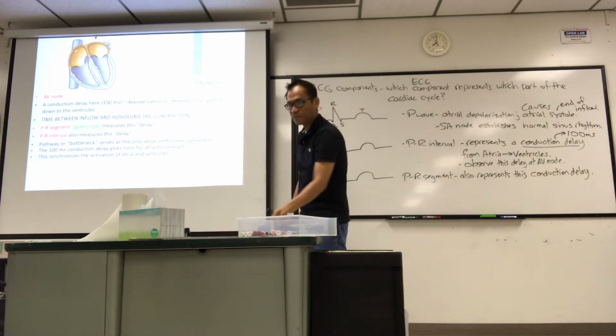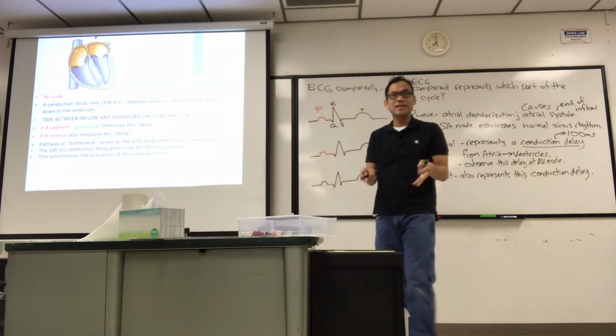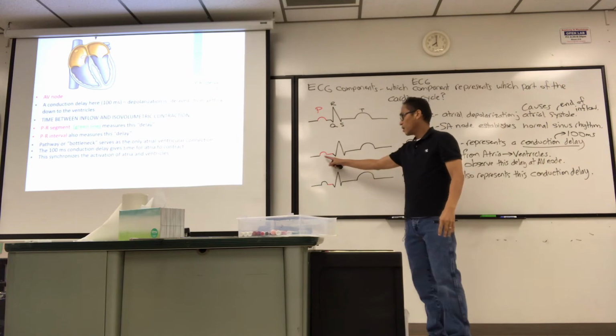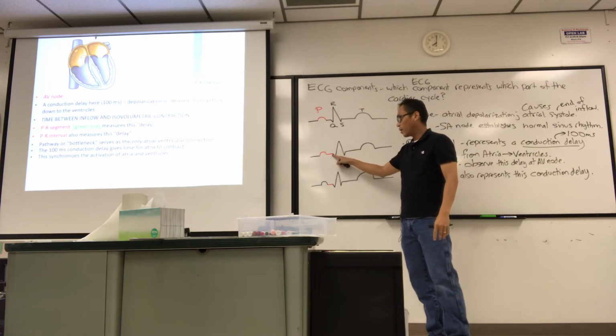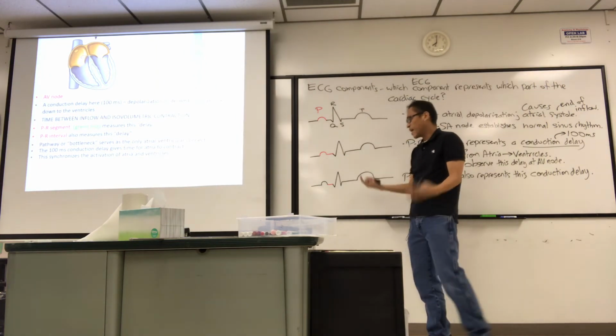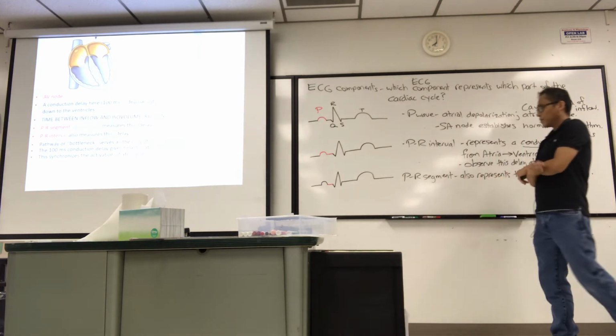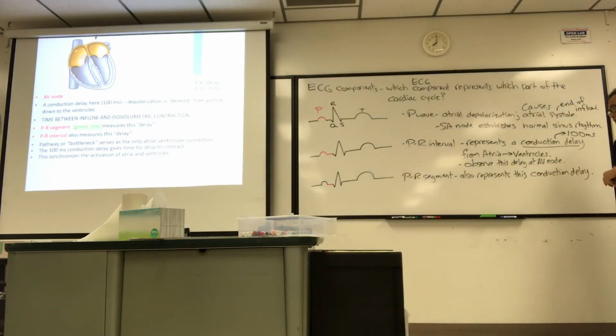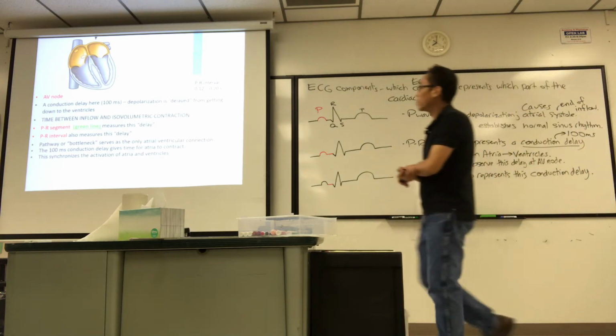That's why we say for students, if you want to measure the delay easily, it's easier to see the beginning of the P wave and go all the way up to the Q. That's the only reason why we tend to measure the PR interval instead of the PR segment. But they both represent that delay, that brief time before the signal gets down to the apex of the heart. So pretty much we've gone all the way up to the end of inflow.